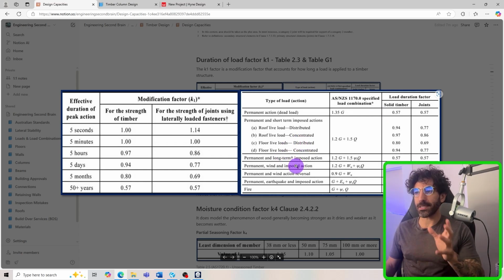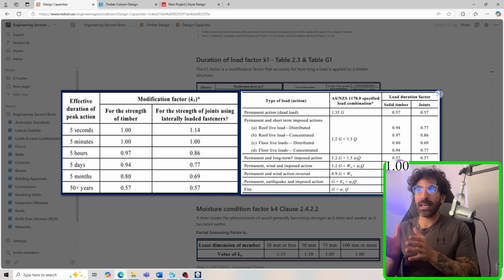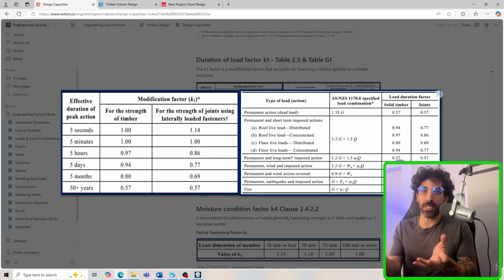Now the capacity for a short-term load duration, let's say for the wind load combination, the K1 value is 1. So we can use 100% of the design capacity in terms of the K1 factor.